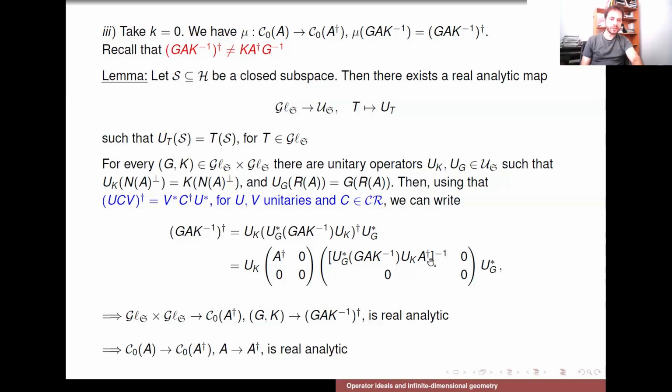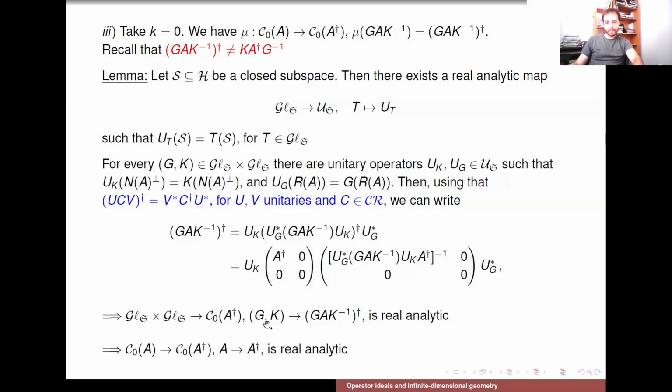So here we can use that the inversion in a real Banach-Lie group is a real analytic map. So using this factorization, we have written the Moore-Penrose inverse in our orbits as a product of three real analytic maps.